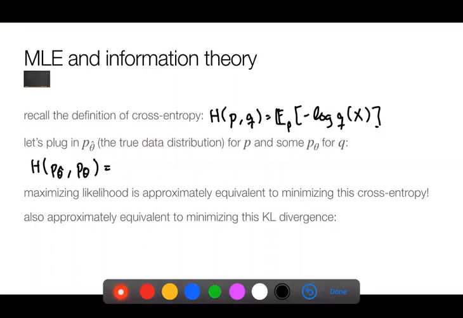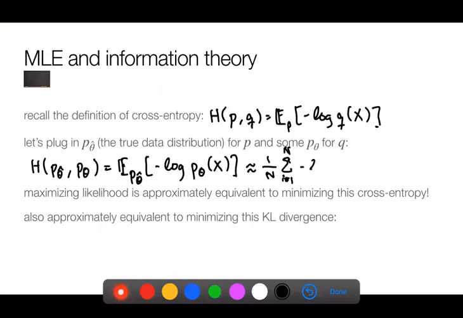Then what we get, just by pattern matching the definition above, is the expectation with respect to P theta hat of negative log P theta, which, if I collect a bunch of data, x1 through xn from P theta hat, then I can use a Monte Carlo estimate and say that this is approximately equal, and more accurate the more data I get to collect as n grows, to the empirical average of negative log P theta of xi.